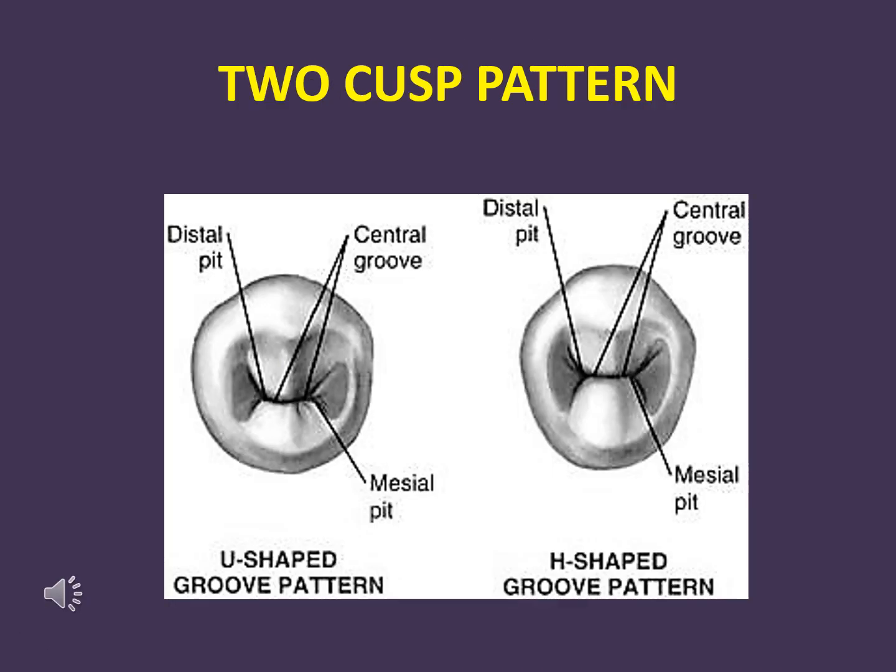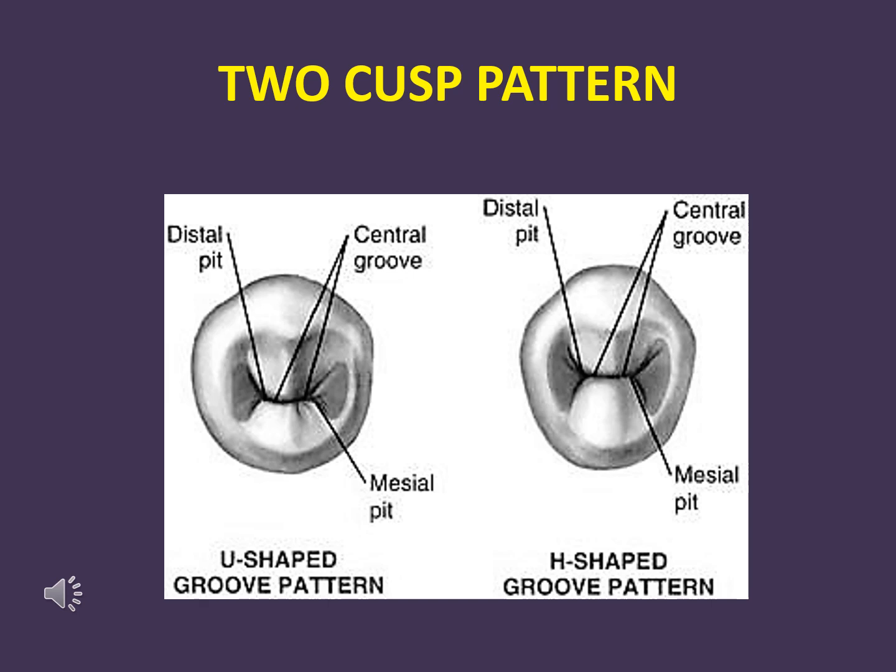The occlusal aspect has a round shape with more lingual convergence in the two cusp type of mandibular second premolar. The mesiolingual and the distolingual line angles are rounded. The marginal ridges form the boundaries of the occlusal surface. The developmental grooves on the occlusal surface can form a U-shaped or an H-shaped groove pattern.